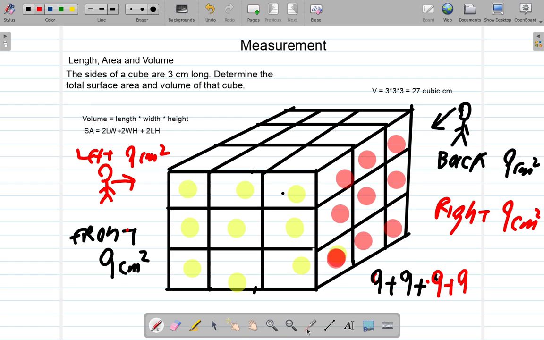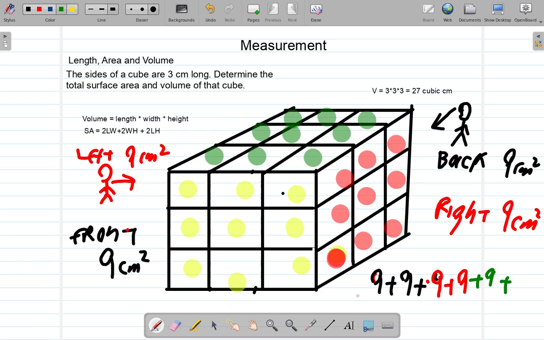We're leaving out something. Let's look at it. Here, if we look at the top, 1, 2, 3 square faces, 4, 5, 6, 7, 8, 9 from the top. You see that? So what we have is 9 looking from the top, 9 plus.